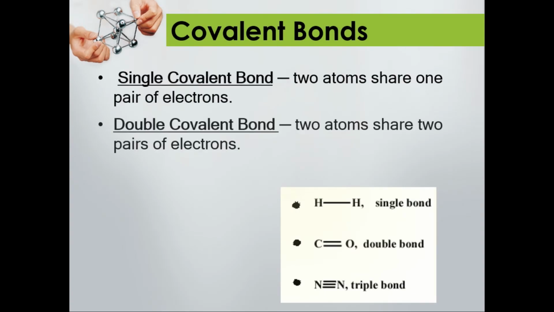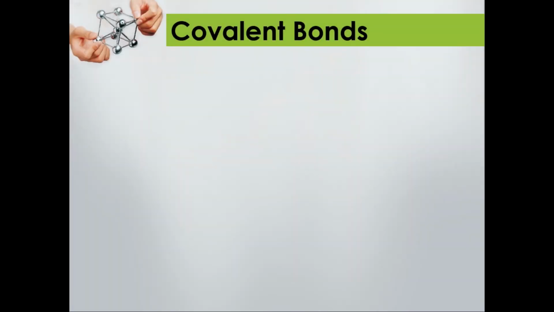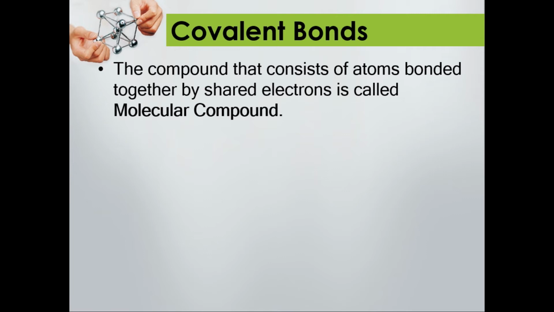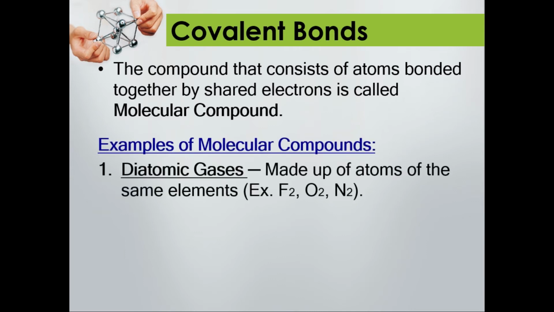So we have here a single covalent bond. Of course, it forms a single bond. Double covalent bond forms a double bond. And triple covalent bond forms a triple bond. Covalent bonds, the compound that consists of atoms bonded together by shared electrons, is called a molecular compound. Examples of molecular compounds are the diatomic gases, which are made up of atoms of the same element, like this example.